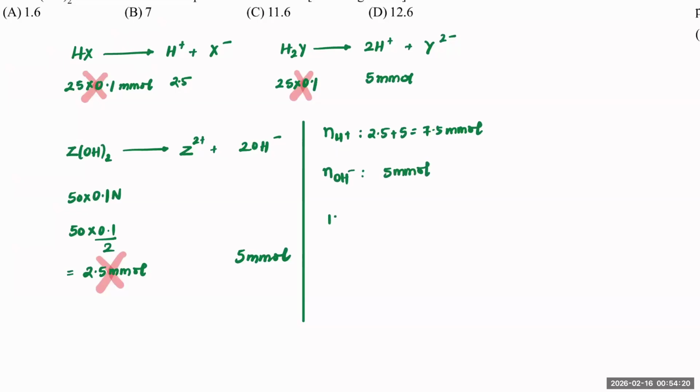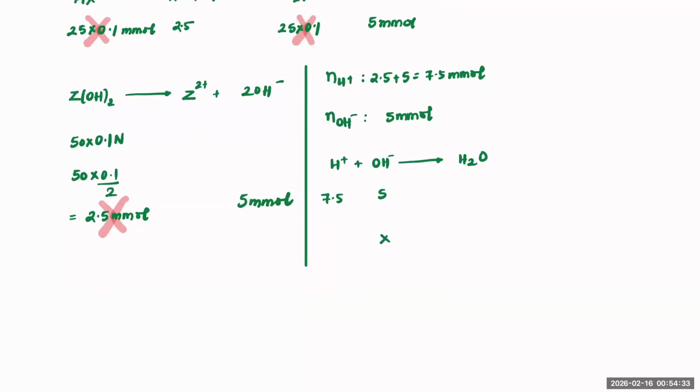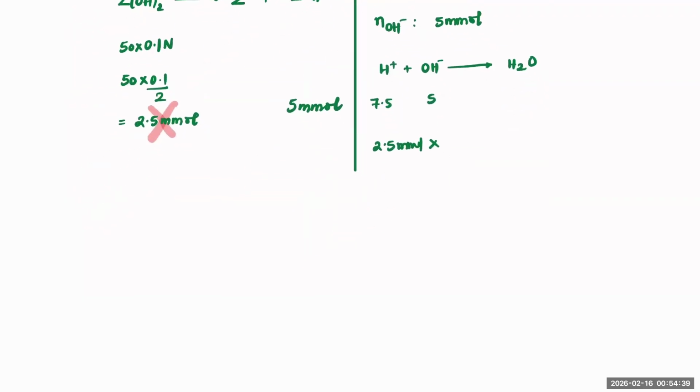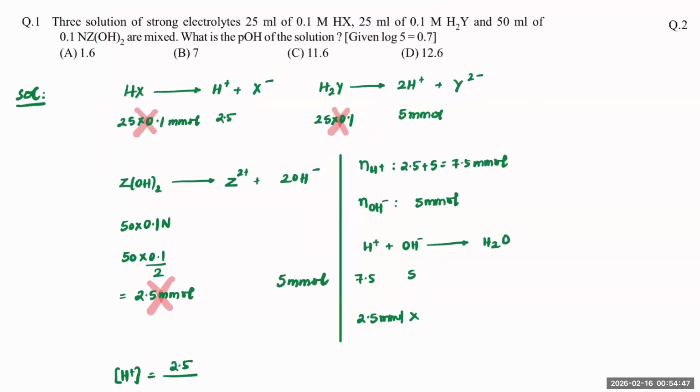Now H plus and OH minus give H2O, so that includes 7.5 and 5. So 5 is less in quantity, so it is the limiting reagent. So 2.5 millimoles will be left over, right? And the H plus calculation should be on the basis of whatever is the leftover amount. So 2.5 millimoles leftover divided by total volume.